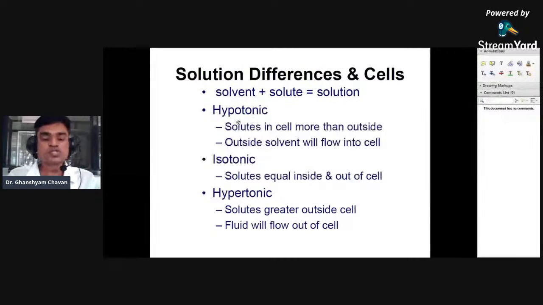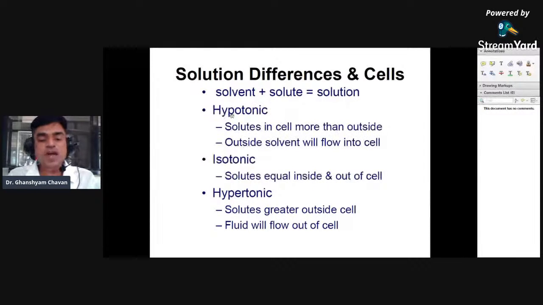Now first is the hypertonic solution. Tone means concentration, so the solution's concentration is less than our body concentration. What is our body concentration? We will see afterwards.